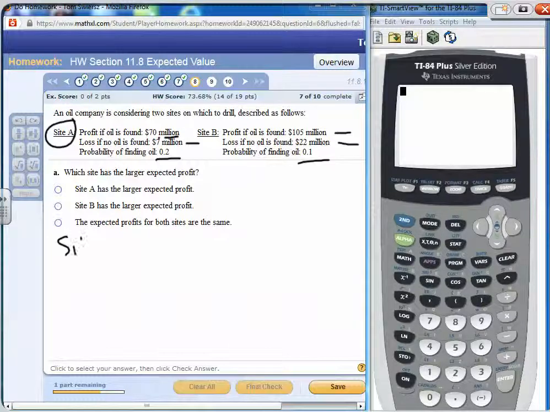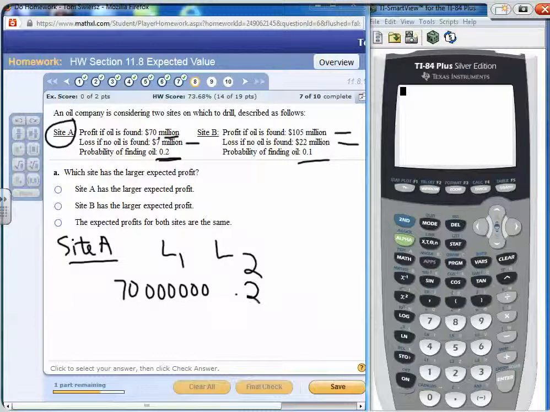So site A, again, the profit is 70 million, right? So 70 million is that number. Now notice the probability is 0.2, right? And if no oil is found, then it's the loss of 7 million.